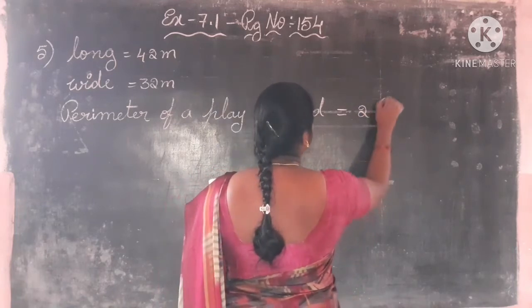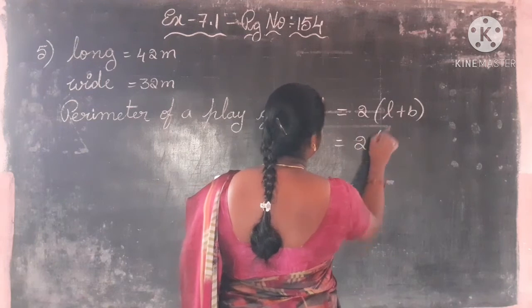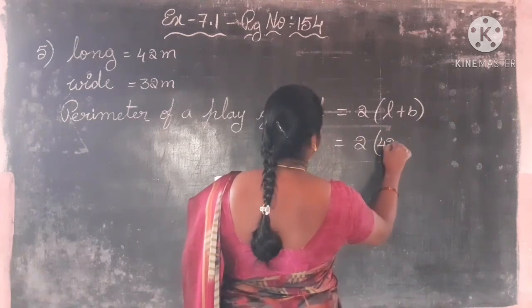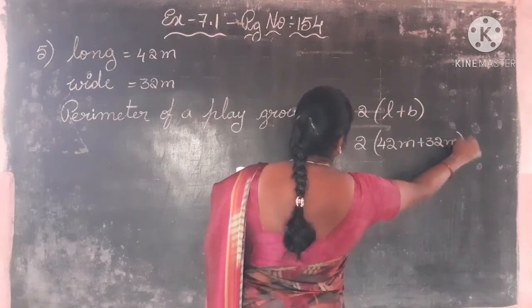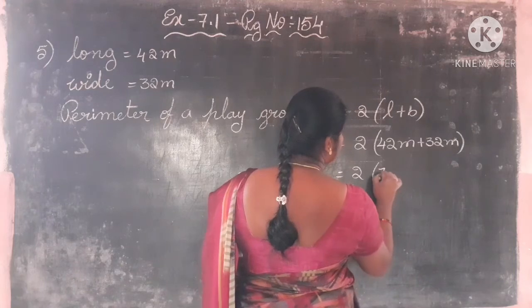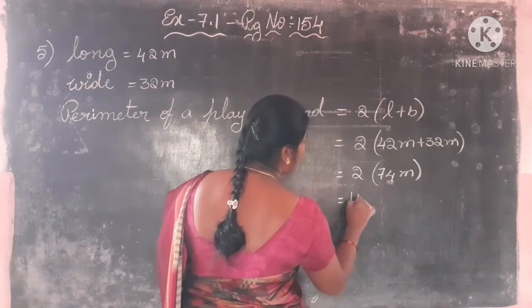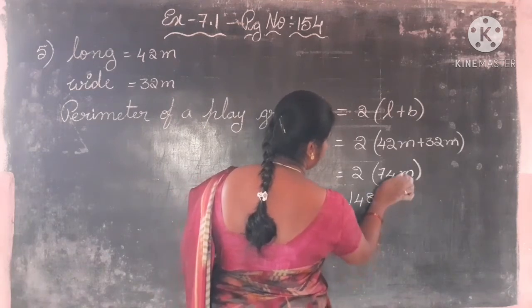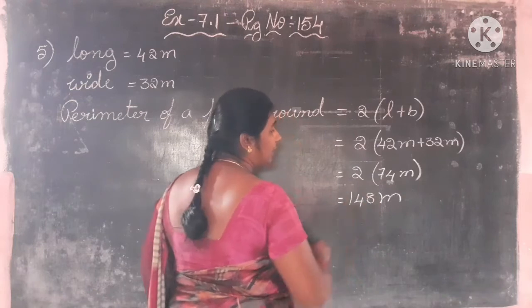So 2 into (L plus B). So 2 into (length 42 meters plus breadth 32 meters). 2 into (42 plus 32), 74 meters. 2 74s, 148 meters. 2 4s are 8, 2 7s are 14, 148 meters.